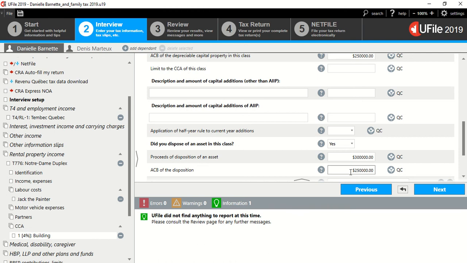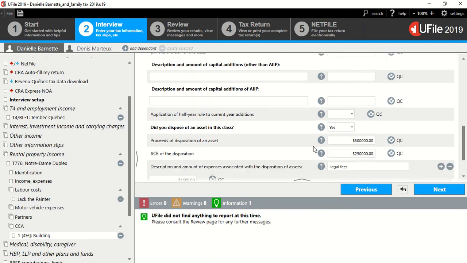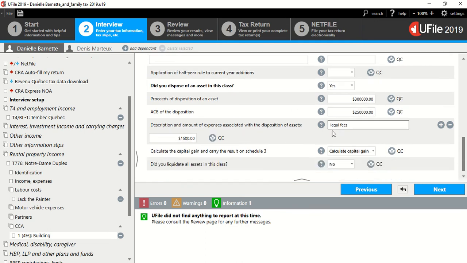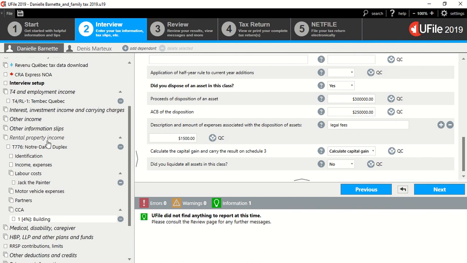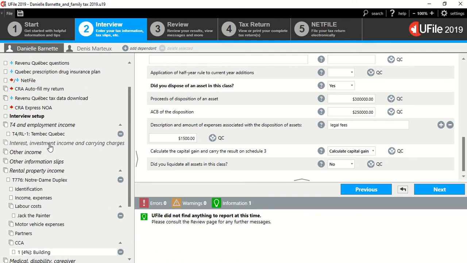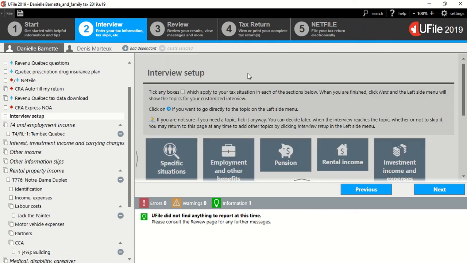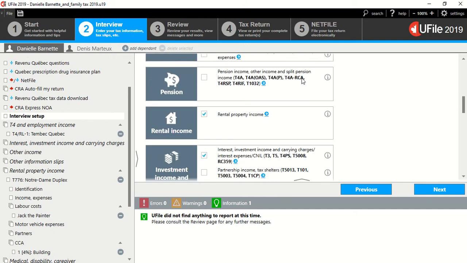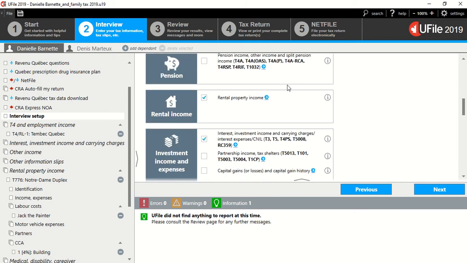Okay, so how would you enter that in UFile? Well, you also need the legal fees attributable to this part of the property, and then you put calculate capital gain, no to liquidate. But at the same token, if you notice, I don't have a capital gain group here, so I have to go to my interview setup and pick capital gain, which is Schedule 3.